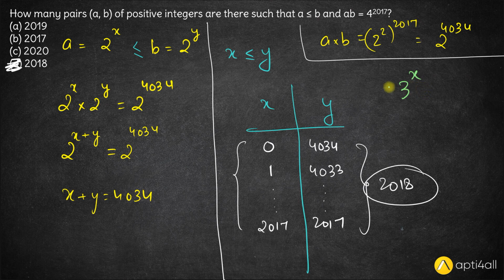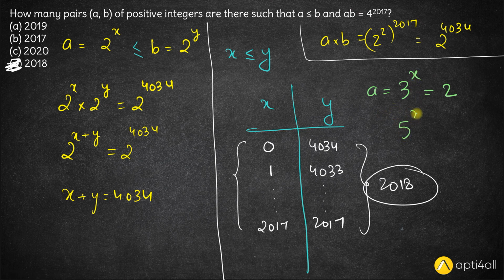If A were 3 to the power x, for A to be an integer, it's not necessary for x to be an integer. For some value of x, 3 to the power x can be equal to 2, right? Some negative or some positive value, but it will not be an integral value.